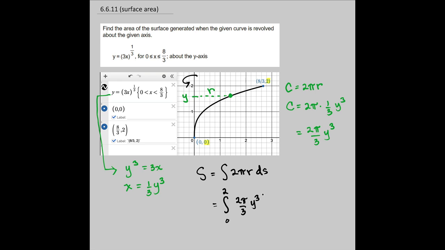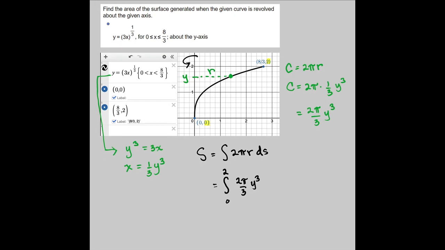Now we have to figure out ds. So ds is going to be the square root of 1 plus the derivative squared. And the derivative in this case is the derivative of x with respect to y. Bring down the 3 and subtract 1. So there is the derivative of x with respect to y.